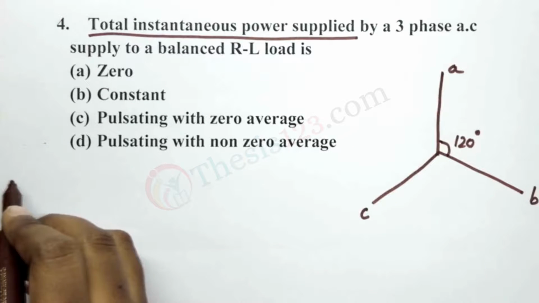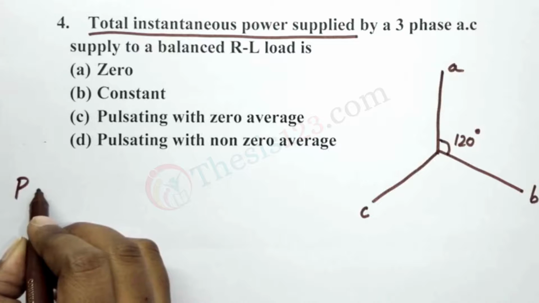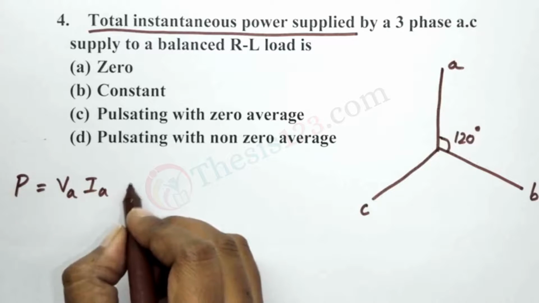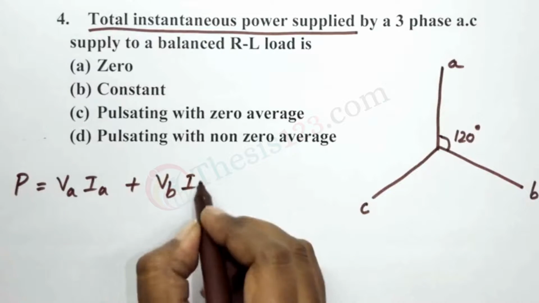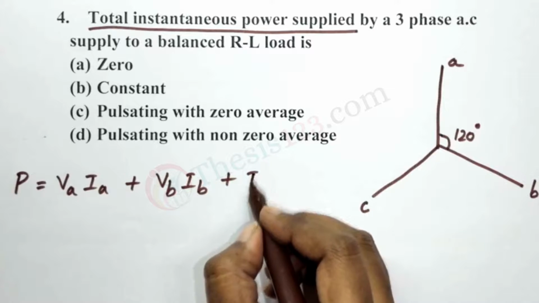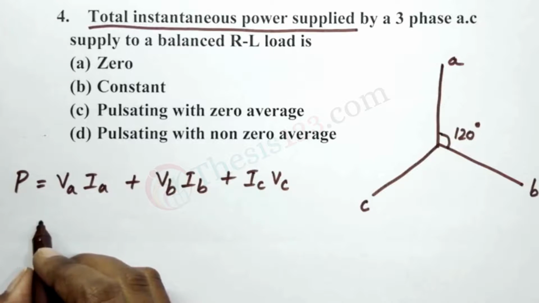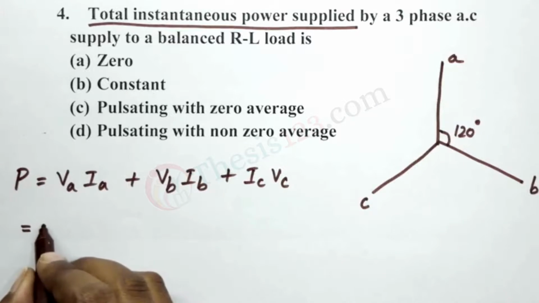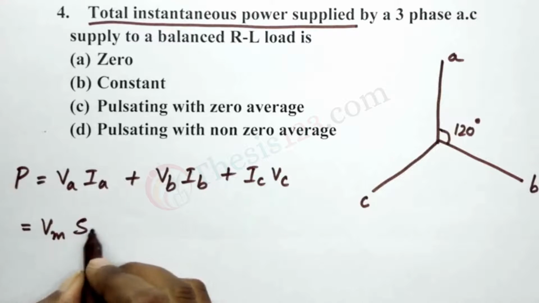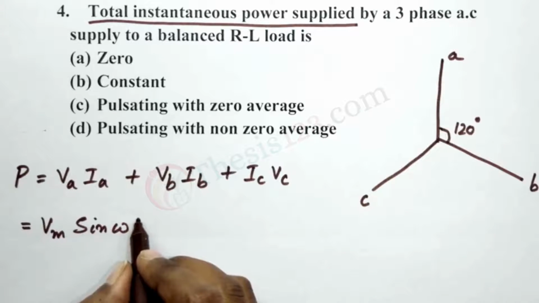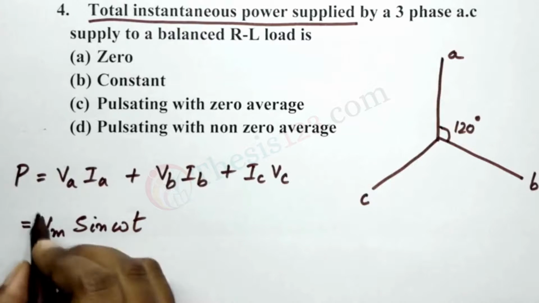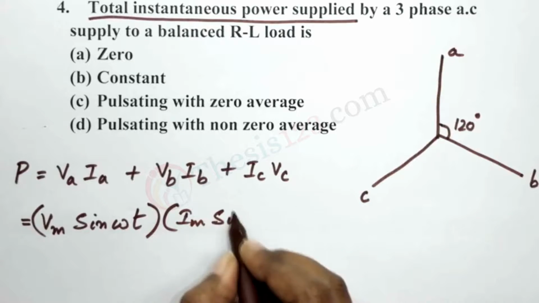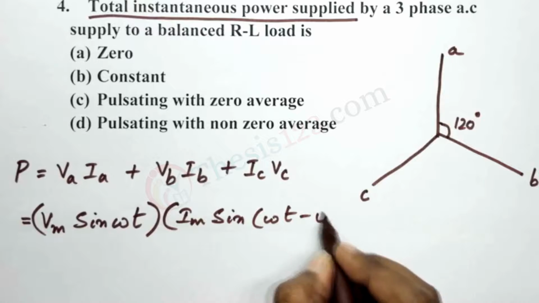So let's start. Now the power for a three-phase AC supply can be written as VA IA plus VB IB plus VC IC. Now let's expand each one. VA in terms of the maximum voltage can be written as Vm sine omega t. But the current will then be written as Im sine of omega t minus phi.